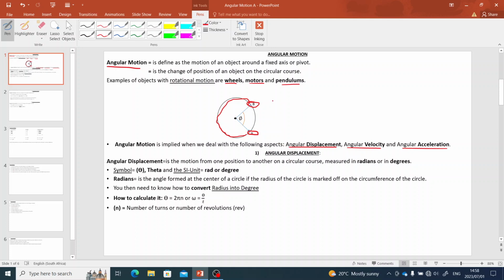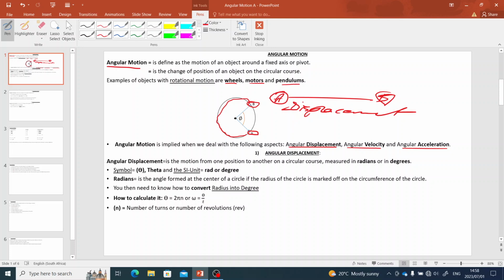We know that when you change position from point A to point B, you will cover a certain displacement. That we know from linear motion.